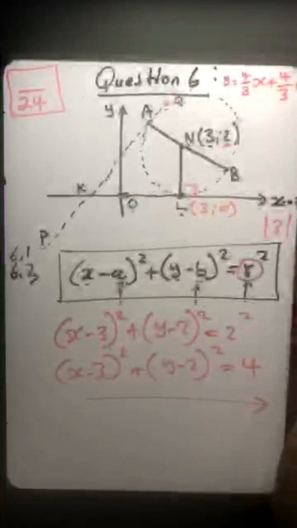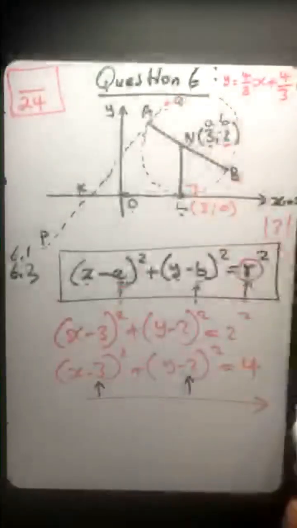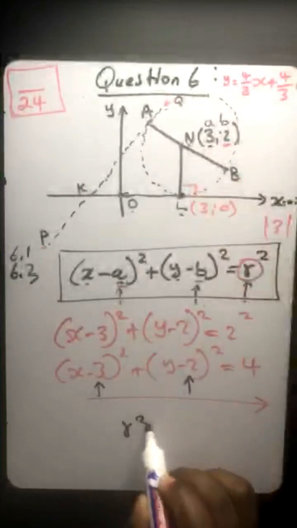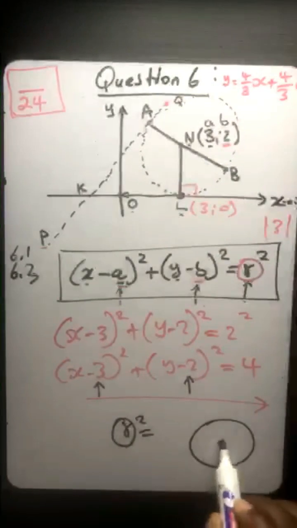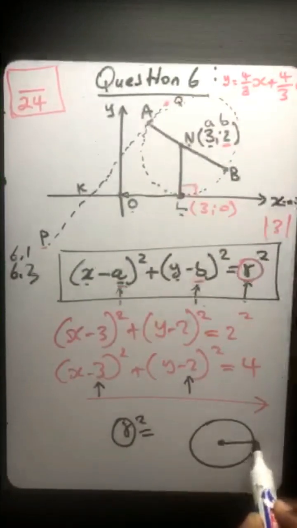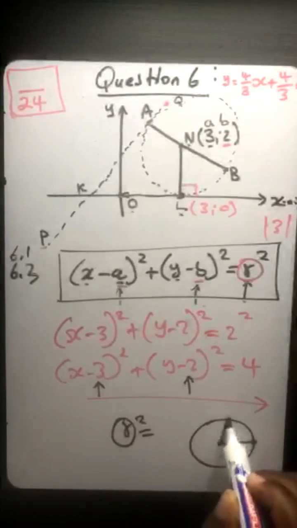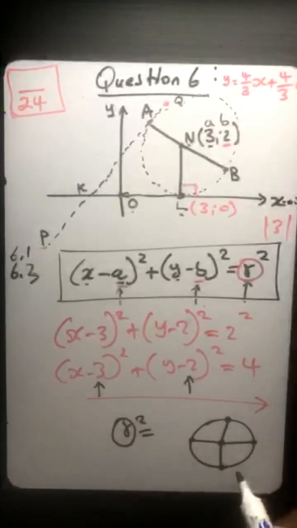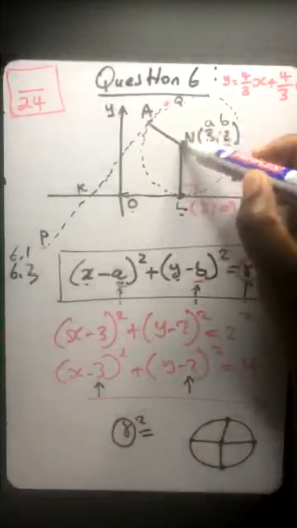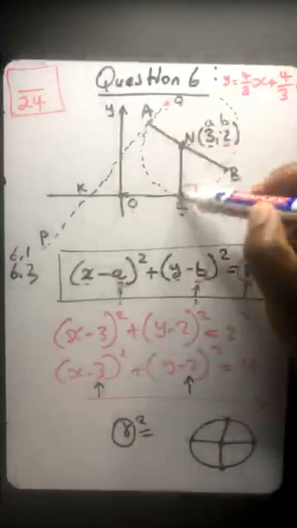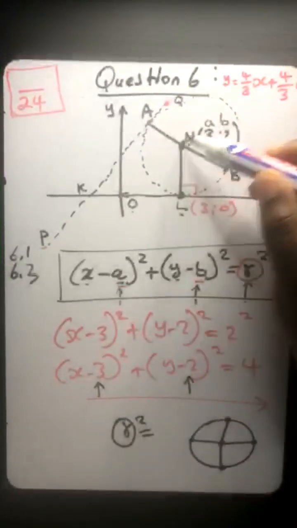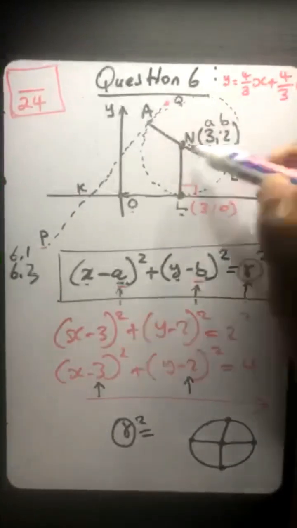Okay, so you still have your a and b as the center. When determining r squared, remember r is the radius, a line from the center to the circle. In this case, from the center to there, that distance is 2, and that distance is r.